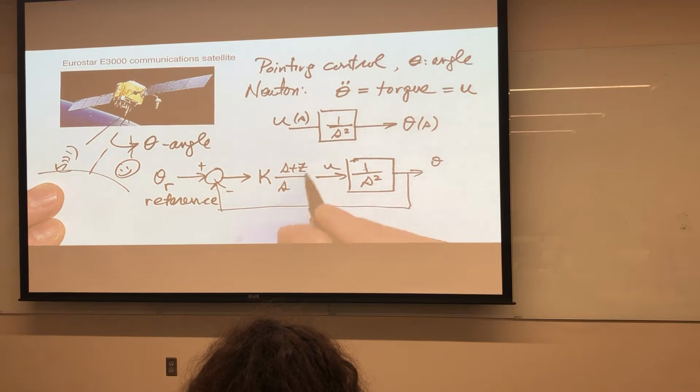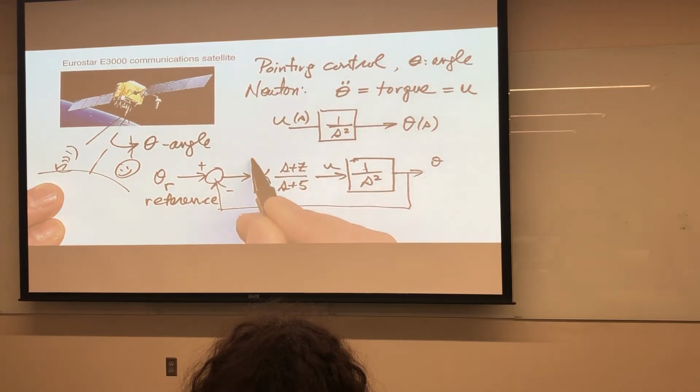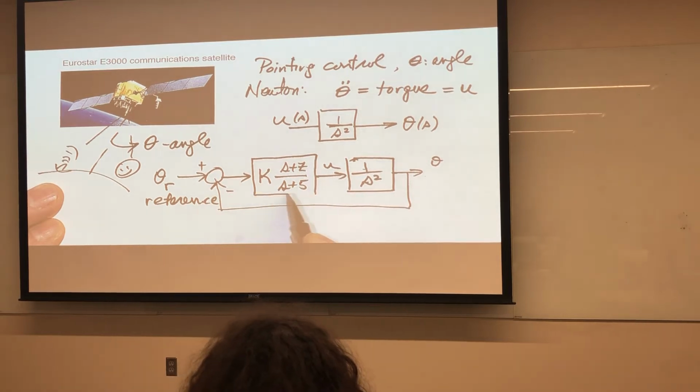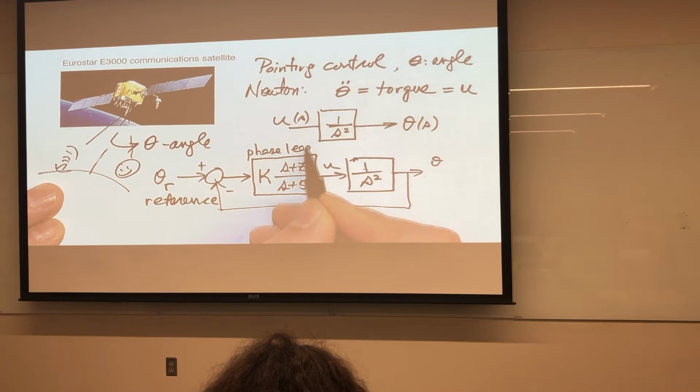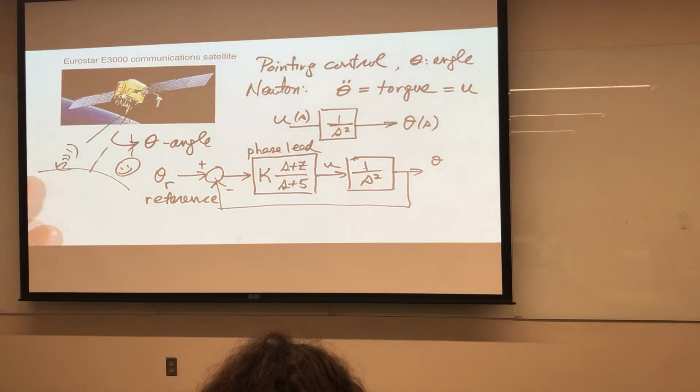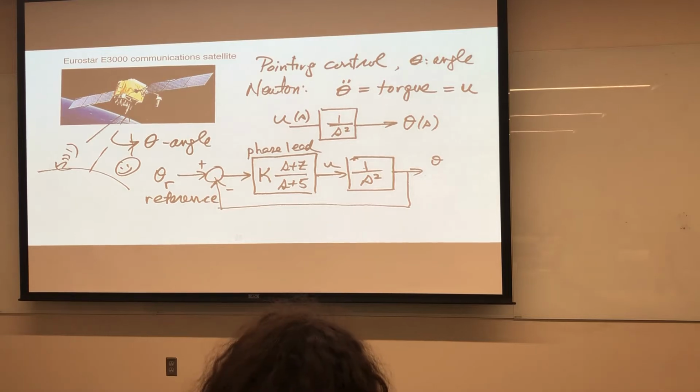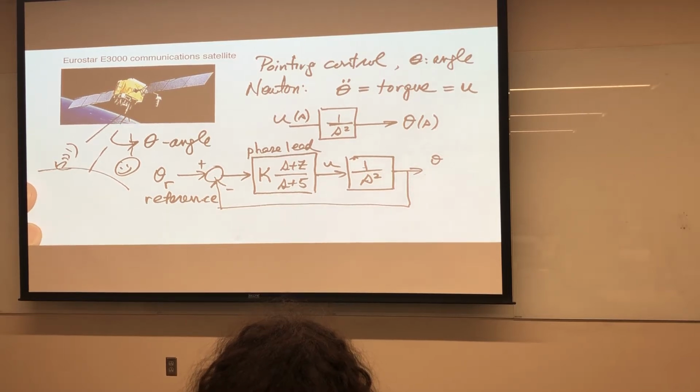I'm just going to arbitrarily pick a number, say 5. So this is a phase lead compensator. Now let's sketch the root locus diagram and see if this is a reasonable idea. So let's take a look at the root locus diagram.